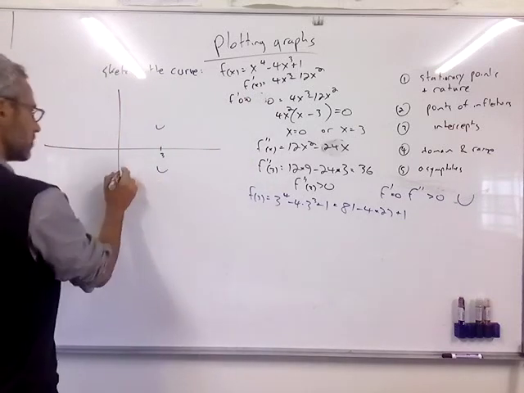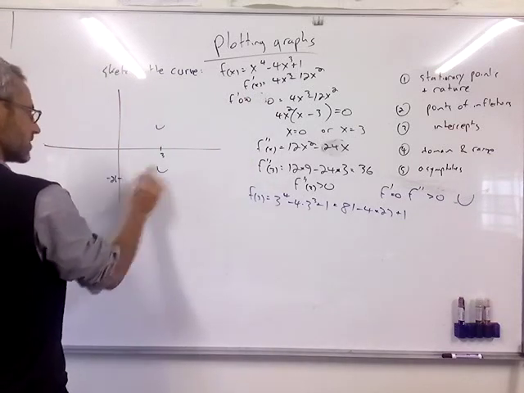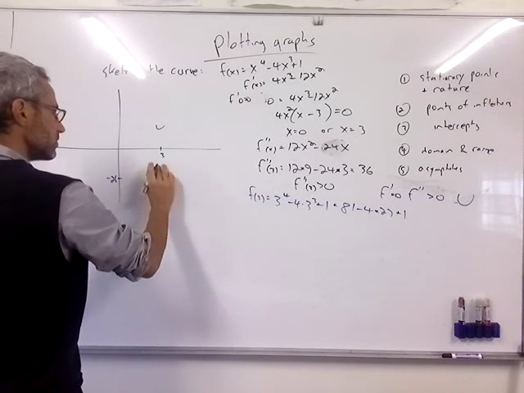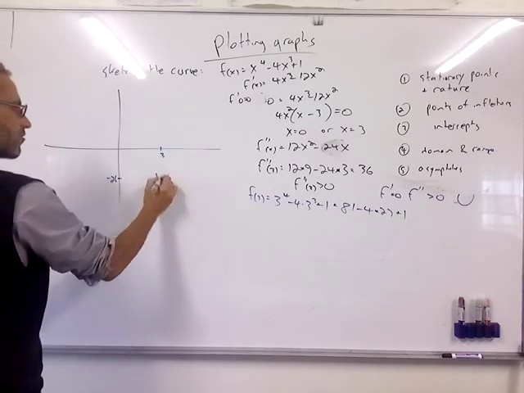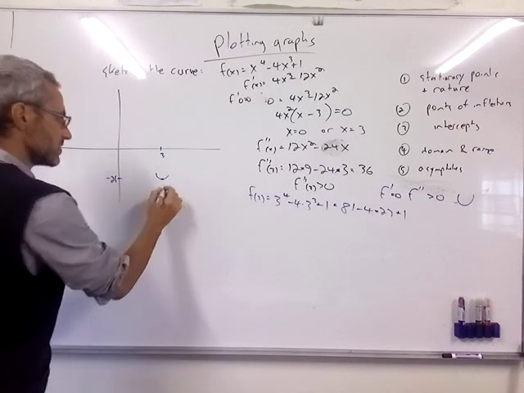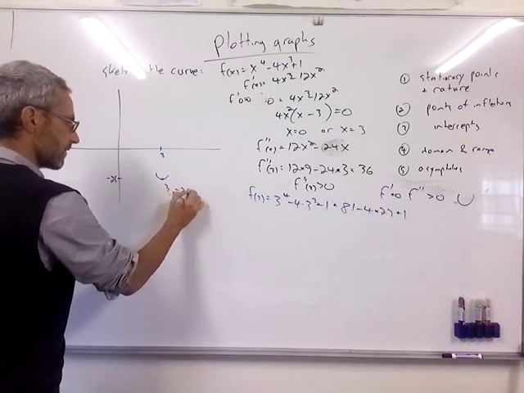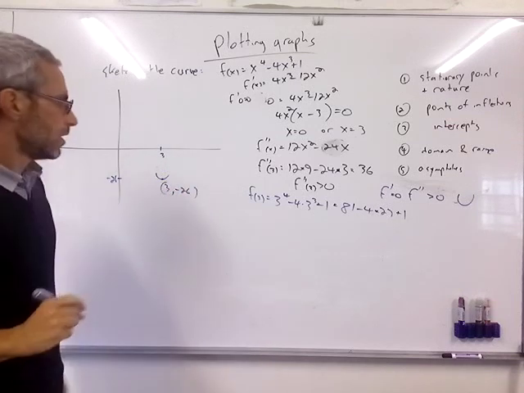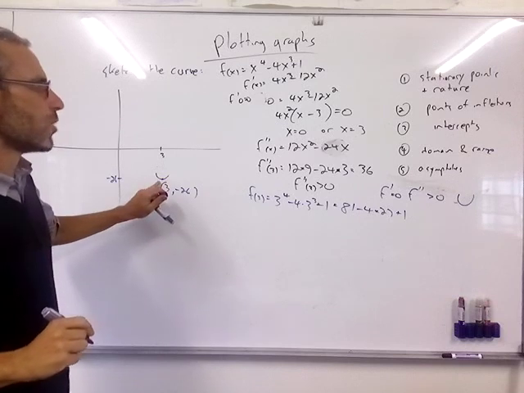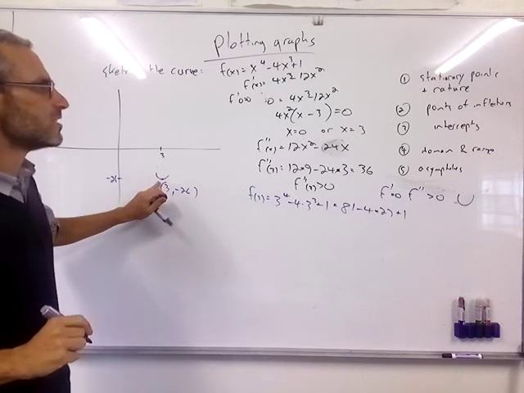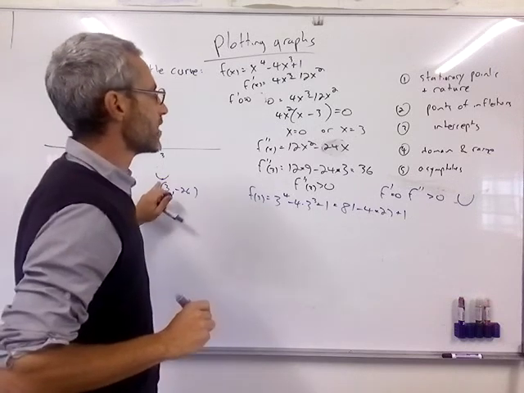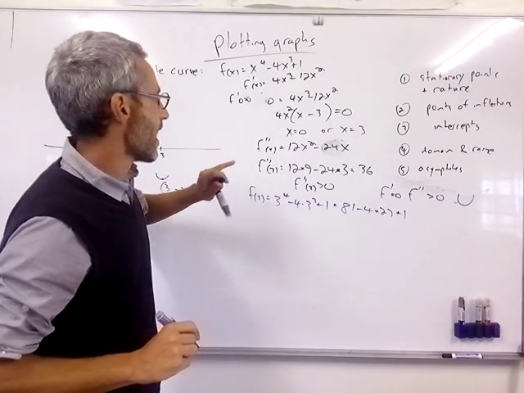So it's going to be here, right? So I've got a local minimum at 3, minus 26. Right, so that was one stationary point. I've got another suspected stationary point at 0.